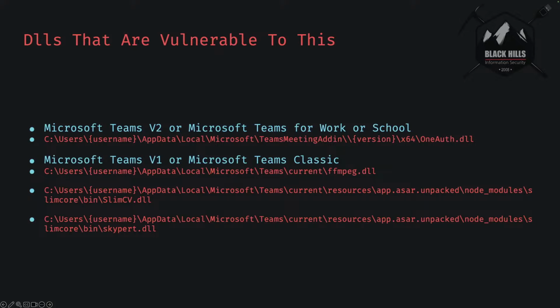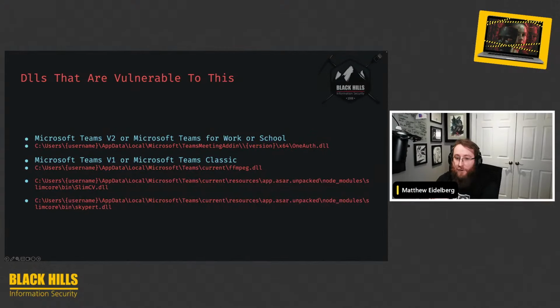We looked at, well, everyone uses Outlook and Teams. So focusing in on that, using that methodology, we actually found four different DLLs that were universal across Windows 10, Windows 11, and all those different versions.